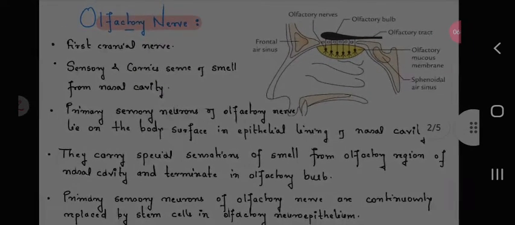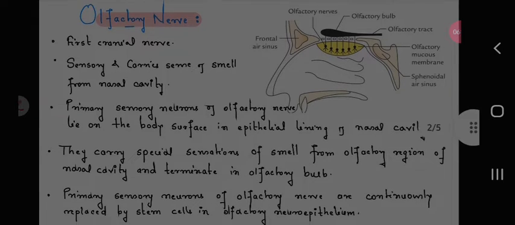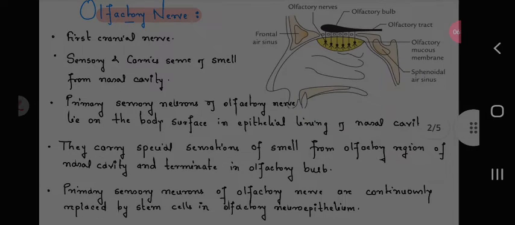Now we will see the olfactory nerve. Frontal air sinus, olfactory nerve, olfactory bulb, olfactory tract, olfactory mucous membrane, sphenoidal air sinuses. The first cranial nerve is sensory and carries the sense of smell from the nasal cavity.